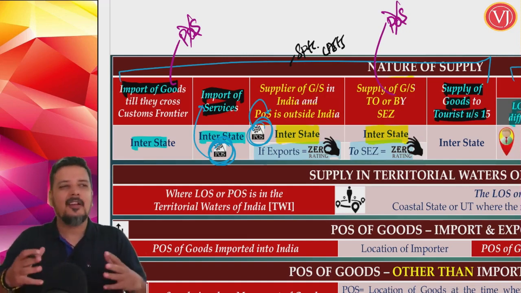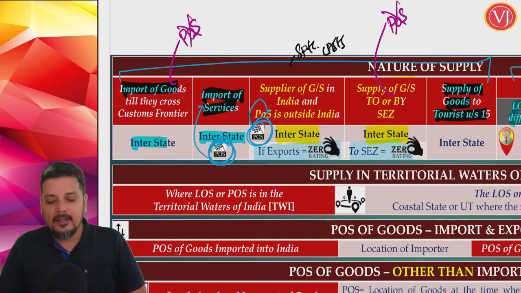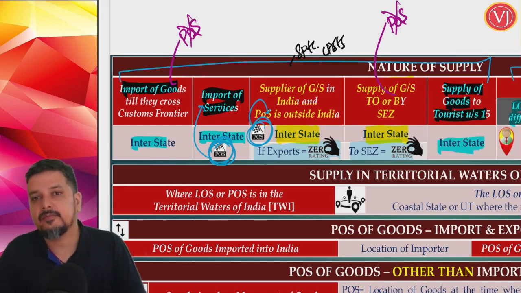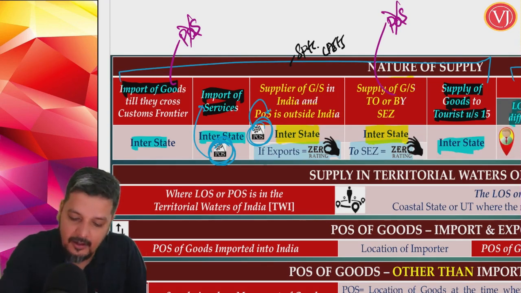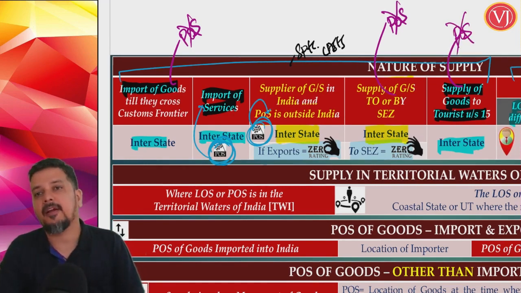He comes, stays for 2-3 months, not more than 6 months, and goes out. If you're giving goods to that tourist, it is always interstate. Here also, you need not find out place of supply.